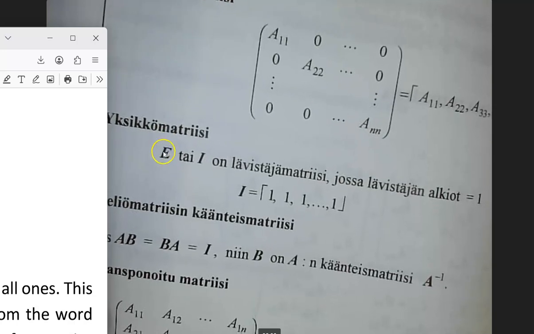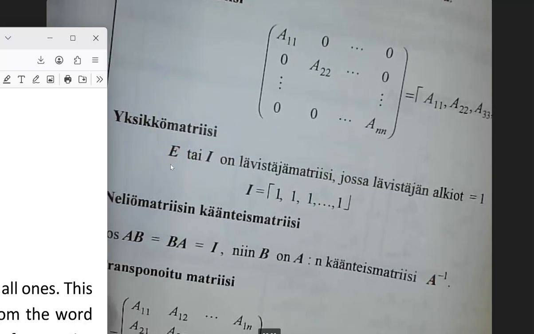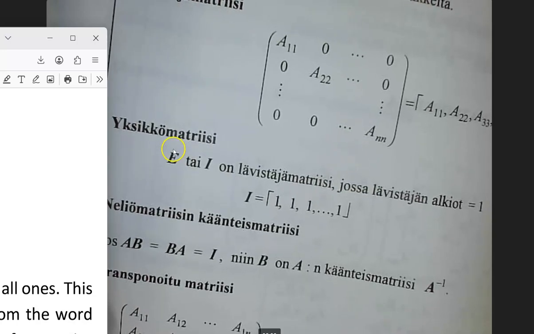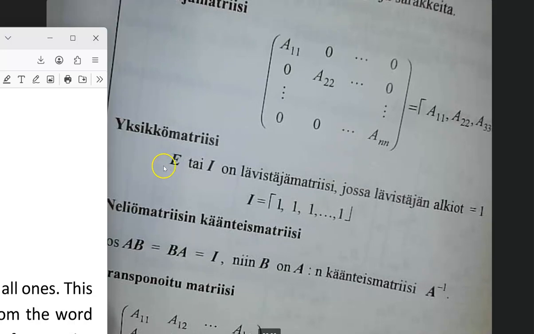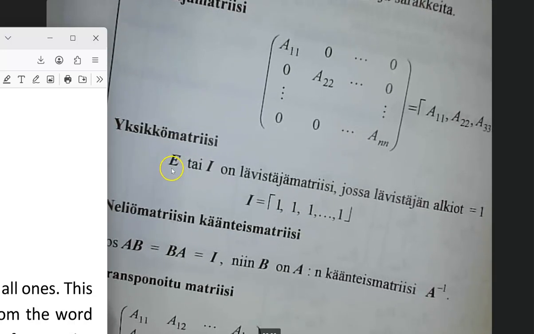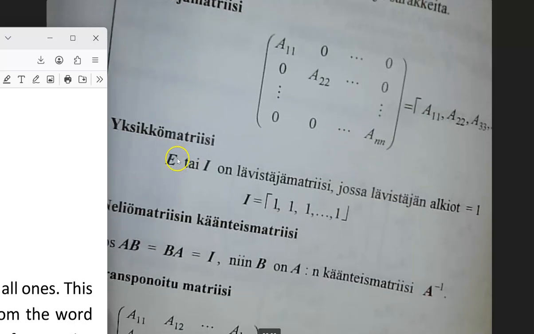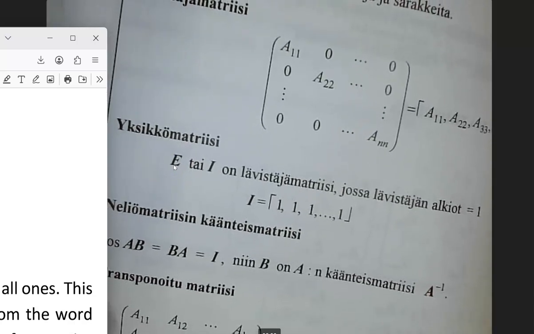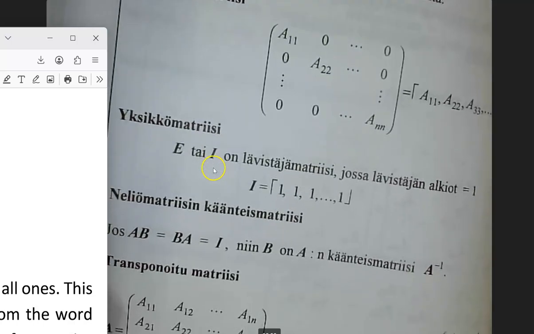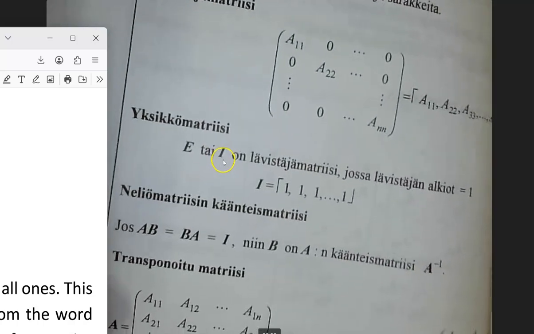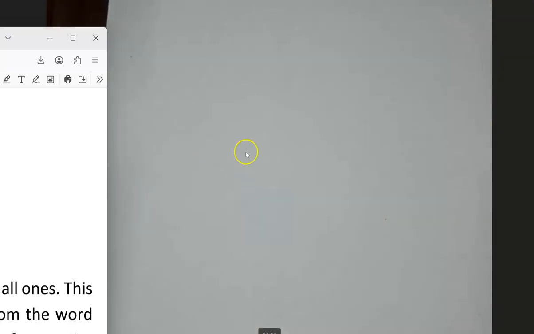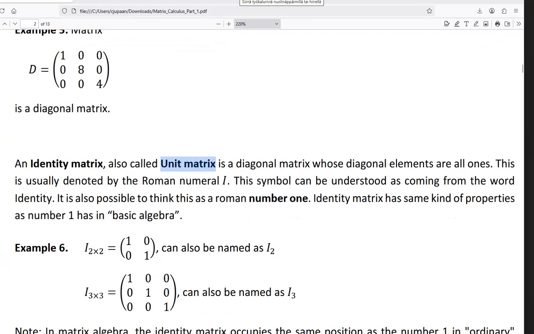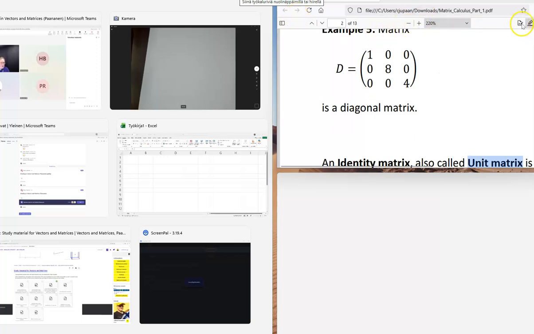I have to say that in this book it is told that uppercase E is also a name for a unit matrix, but I don't think I have ever seen the letter E used for the unit matrix. This I is the more popular way to name that matrix. And then I will go again here. Sorry.